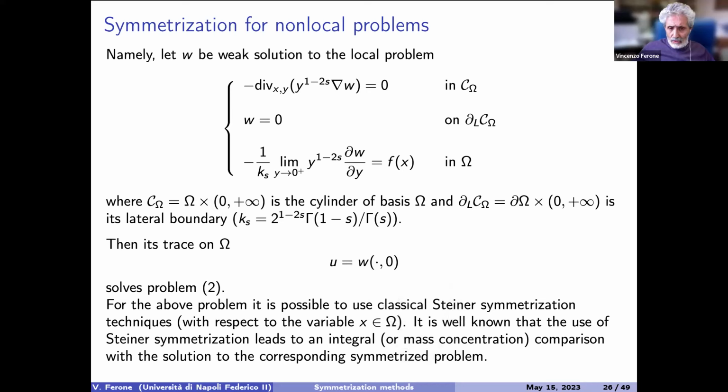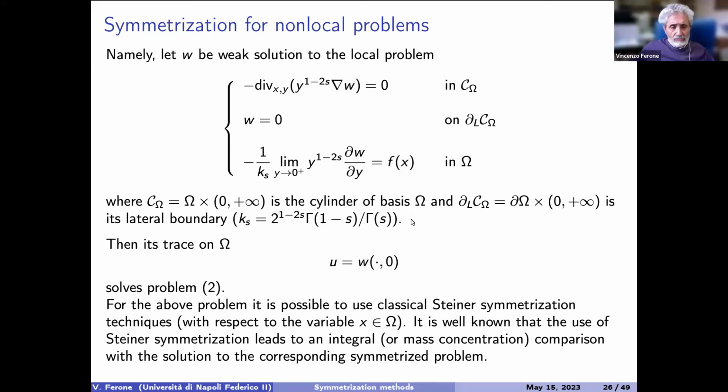So if we use the same methods which I have discussed about the parabolic case, actually not the same, not the discretization case, but other tools, then if we fix y and we symmetrize just with respect to x, we can estimate W in terms of the solution of the symmetrized problem with f substituted by f sharp.